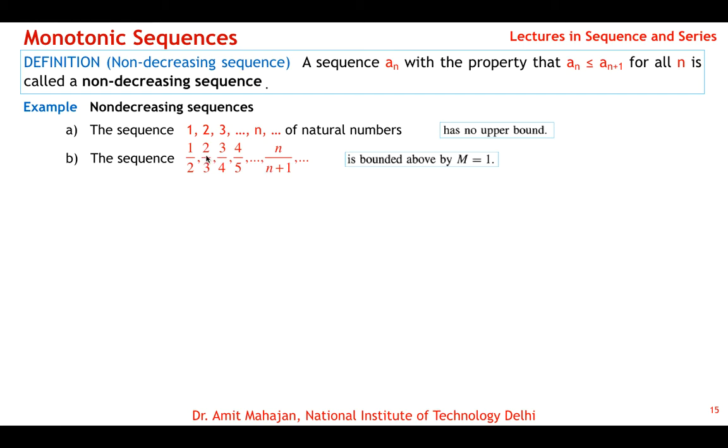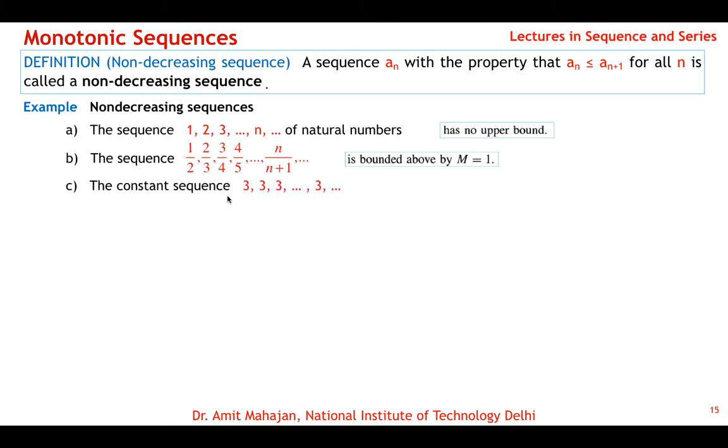The next number is greater than or equal to the previous number, and this is always true for every element. So it's a non-decreasing sequence, and this one has an upper bound; it is bounded above by 1.